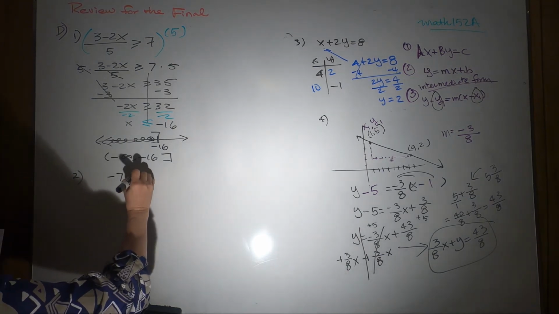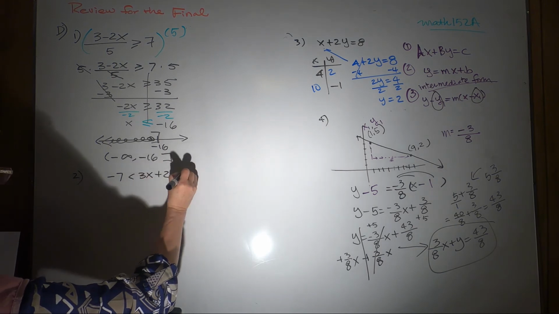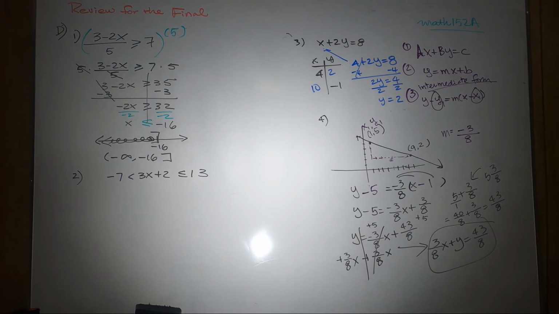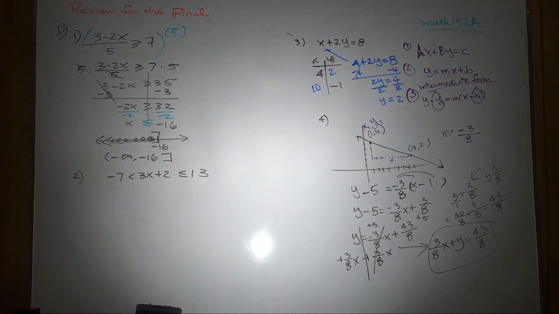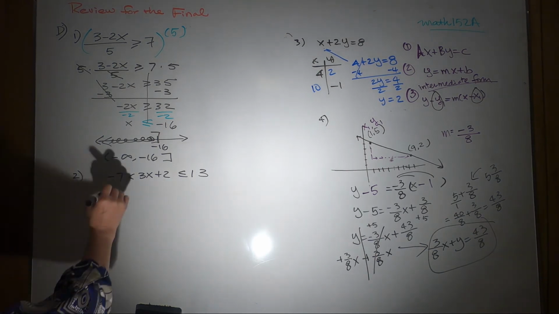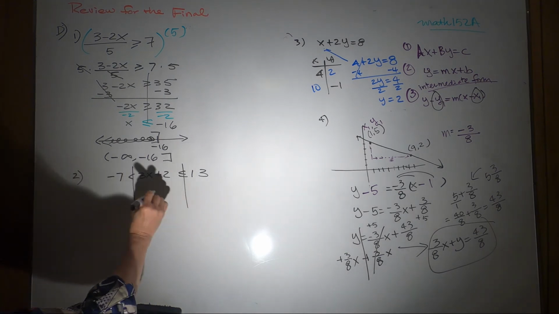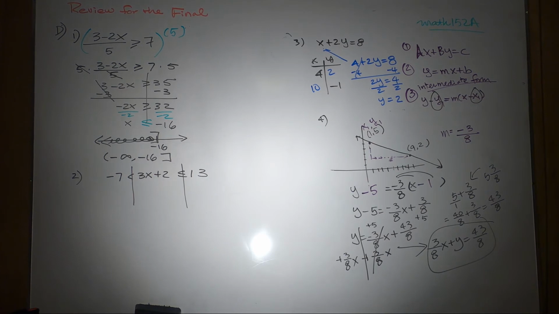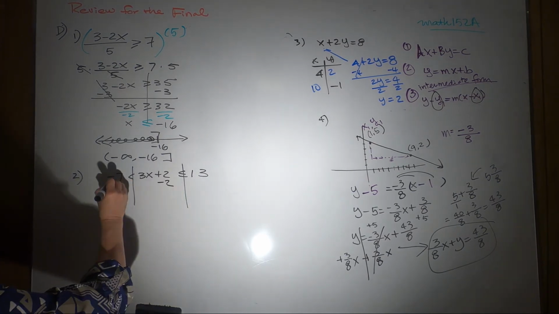Negative 7 less than 3x plus 2, less than or equal to 13. So this one has more than one inequality sign. Then we have 3 parts. Same thing, we say if you do one part, you do all parts, right? So get x by itself. Usually you leave x in the middle. So we minus 2, right?